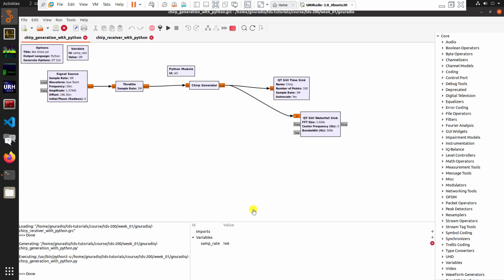So now we want to take the algorithm that we've described to generate the chirp waveform on the slides, and we want to implement it in code. And so using GNU Radio, we're both going to implement the algorithm and visualize it. Now, the implementation had basically two parts.